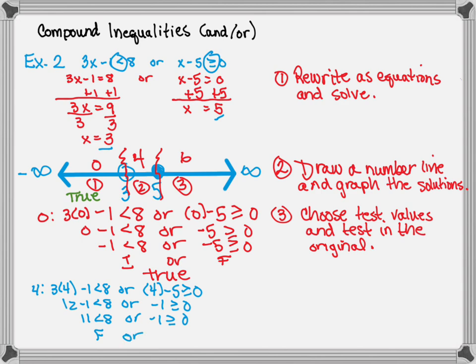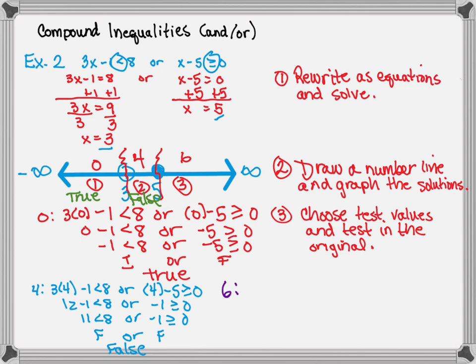Negative 1 is not greater than or equal to 0, that is also false. So both of these statements are false. So for an or statement, when both are false, then the or statement is false. So I will put false on the interval where we got the 4 test value.